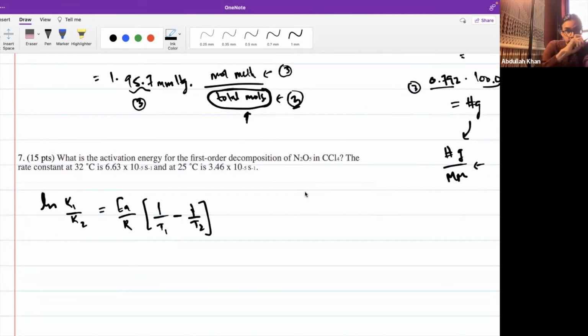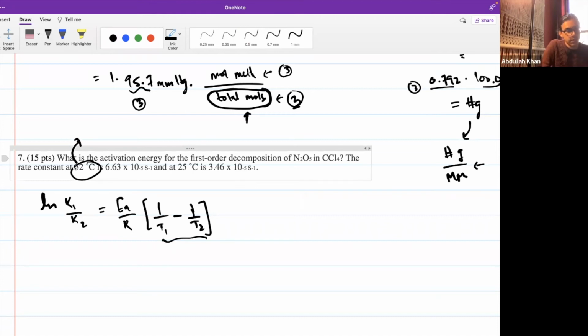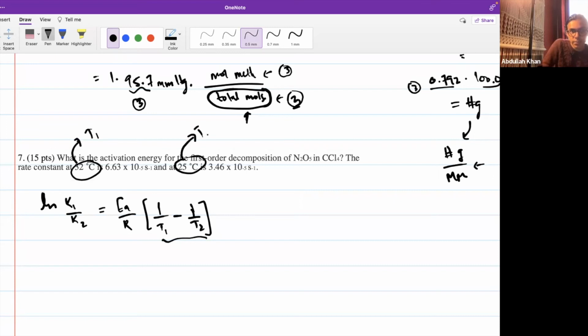What do we have? Rate constant at 32 degrees Celsius. Temperatures are in inverse form, so we have to use exact Kelvin temperatures. 273 plus 32. This is, I'm just saying, basically plug and chug, right? That's your T1 when you convert it properly. This is T2 when you convert it properly. This is K1 directly given to you.